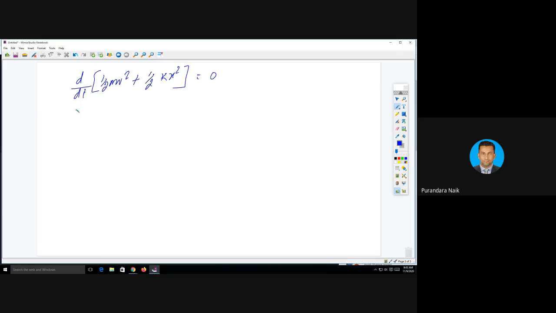Okay, first term: half into m, which is constant, into v square. Differentiation of v square is 2 v dv by dt.